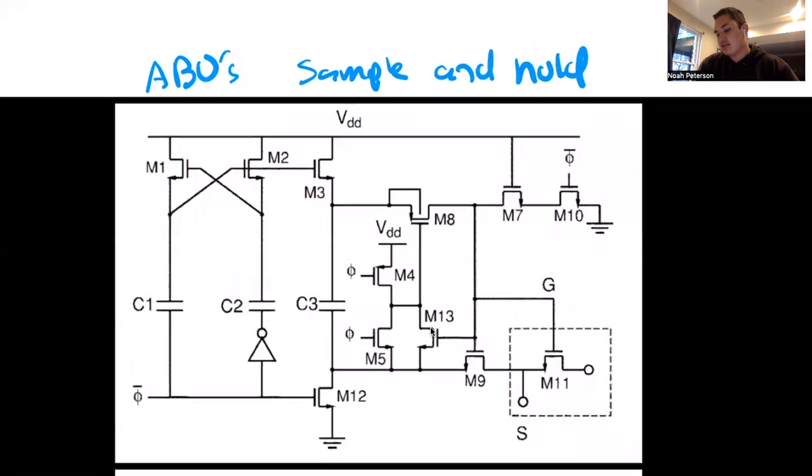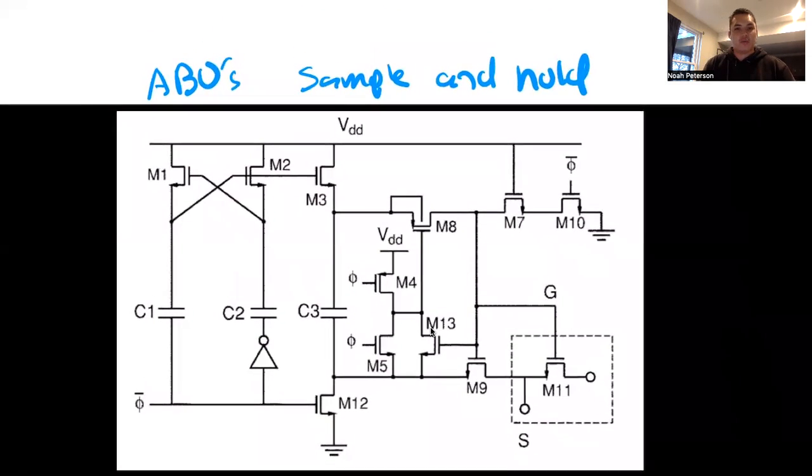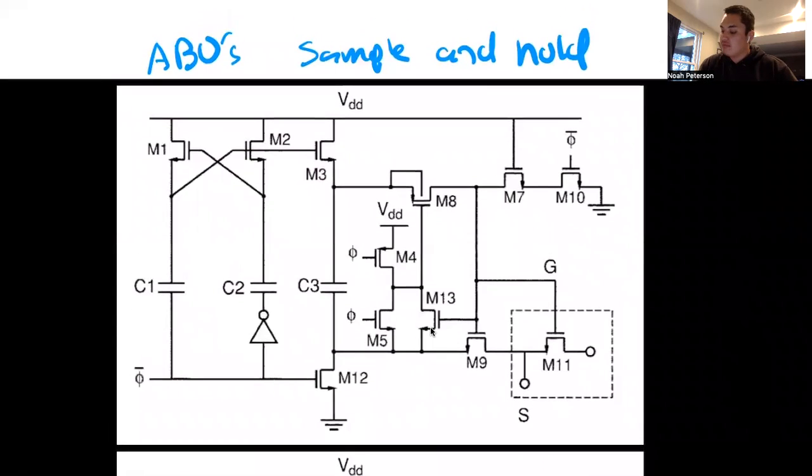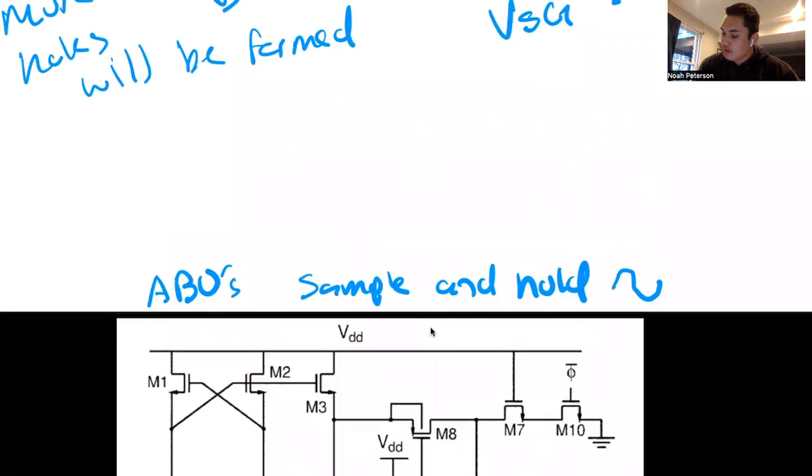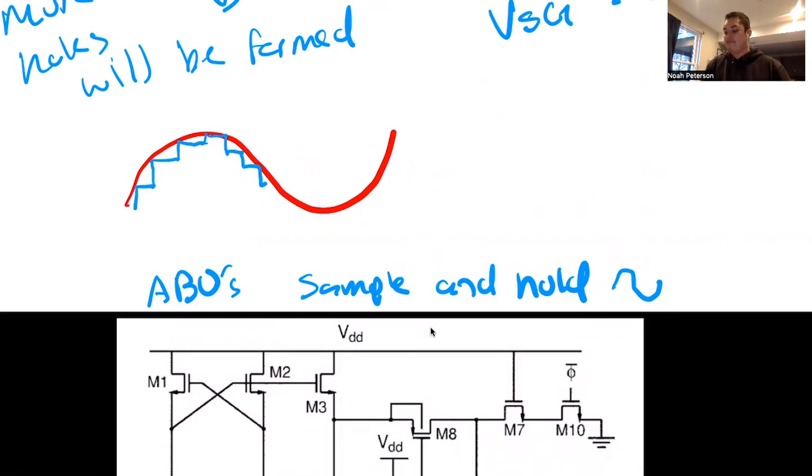It generally gets sent to a comparator to find out where that voltage actually is. It looks something like this. You've got your analog voltage, and it's just sampling that incoming voltage, holding it constant, sampling, holding, sampling, holding.